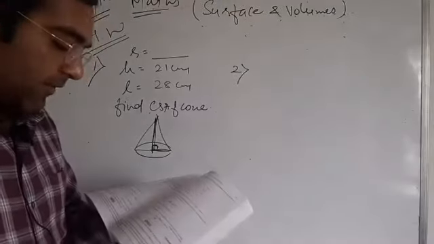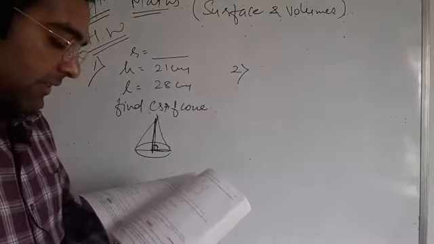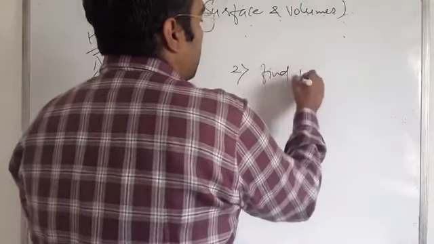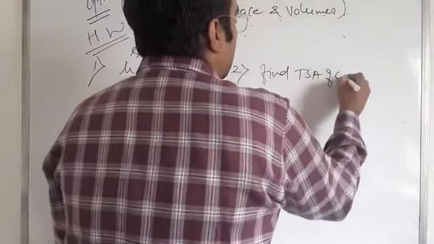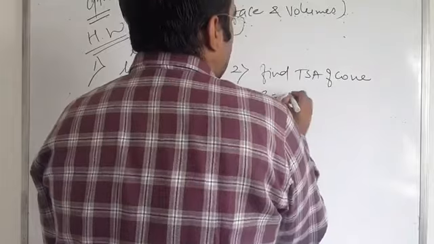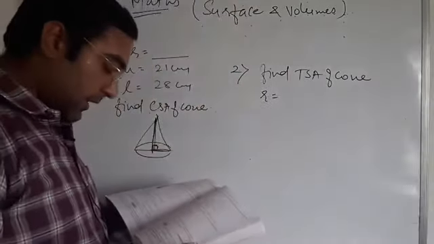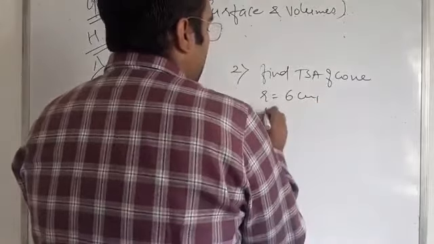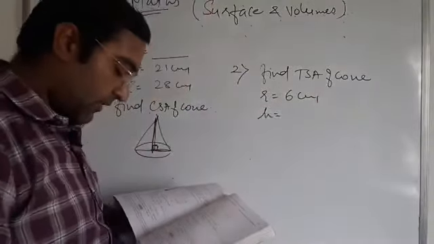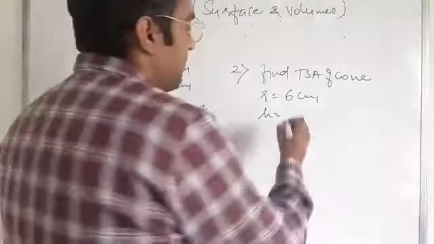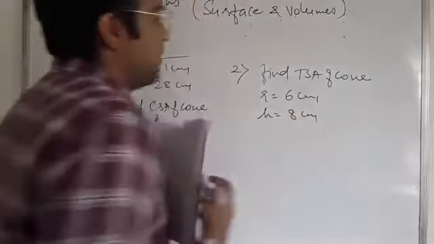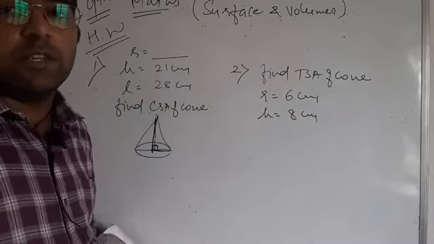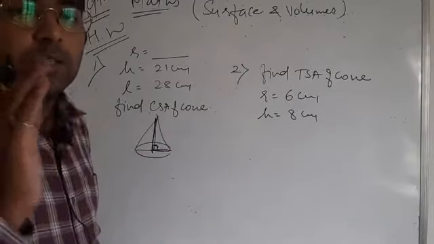The second question: find the total surface area of a right circular cone with radius 6 cm and vertical height h of 8 cm. The formula of the total surface area is πr(r + l).